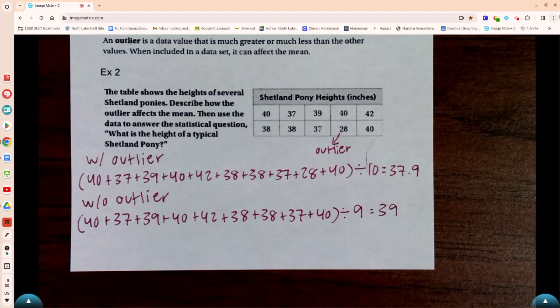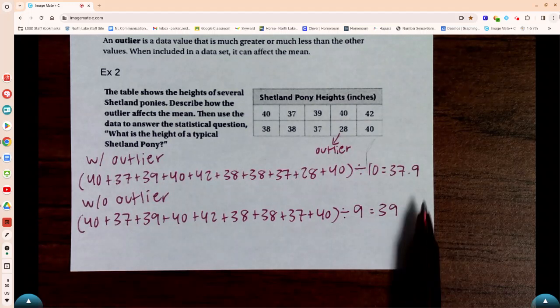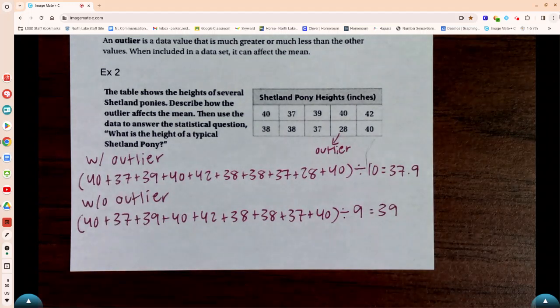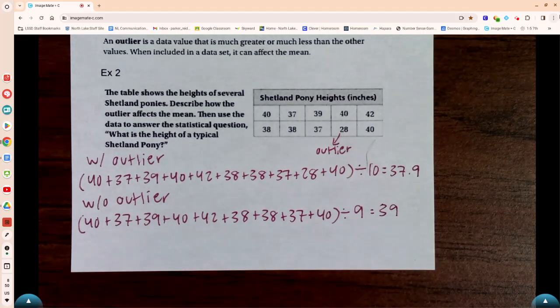So when the outlier was removed, I got a higher mean. That means the outlier was dragging the mean down. Having the outlier caused a lower mean. Why does that make sense that this outlier would cause a lower mean? Hayden? You divide, I did one less.